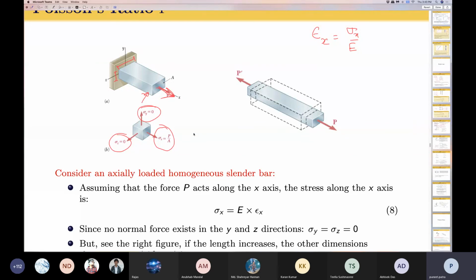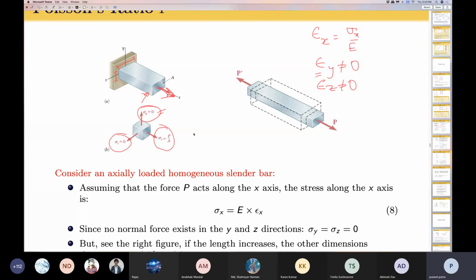In other words, epsilon y is not equal to 0 and epsilon z is also not equal to 0. So this is a situation where you have strains in the absence of stresses. Even though sigma y is 0, you still have a non-zero value of epsilon y.